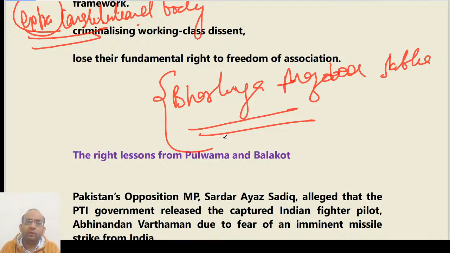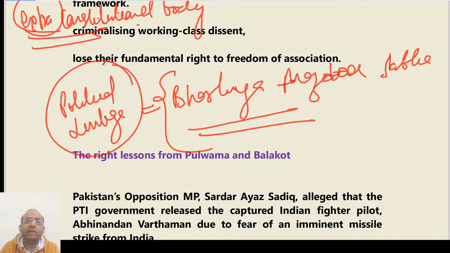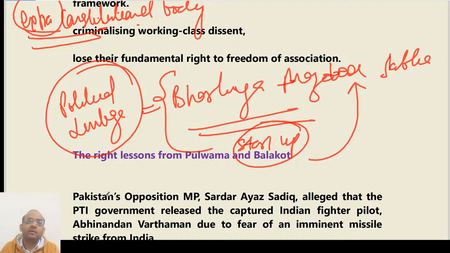And these trade unions have political linkage with the parties, so they sometimes work on the dictates of their political masters. They promote the political masters' interest rather than worker interest. That is why the new generation of workers are also hesitant to join these kinds of trade unions. And now there is a growing startup culture also. That is why they also resist these kinds of trade unions.